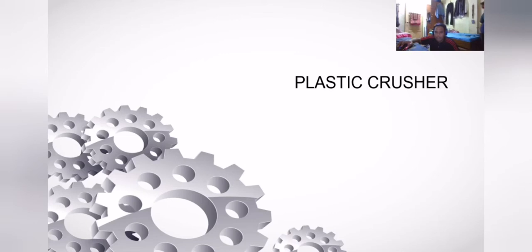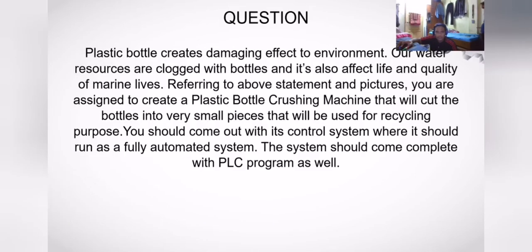Today I and my group will present about the plastic crusher for Lab 6. The problem is that plastic bottles create a damaging effect to the environment. All water resources are polluted with bottles, and it also affects the life and quality of marine life.